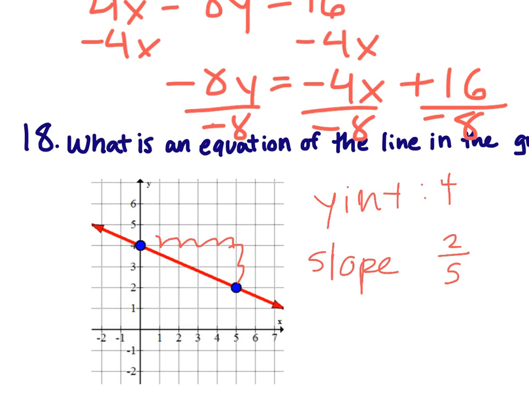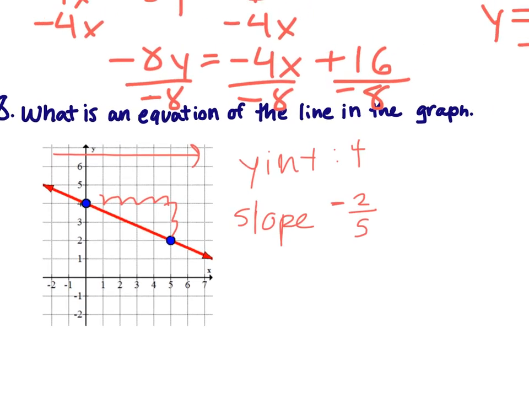It's decreasing. Remember, we go from left to right, just like how we read. So from left to right, this is going down. So it's decreasing. So therefore, the slope has to be negative. So our line would be y is equal to negative 2/5 x plus 4.